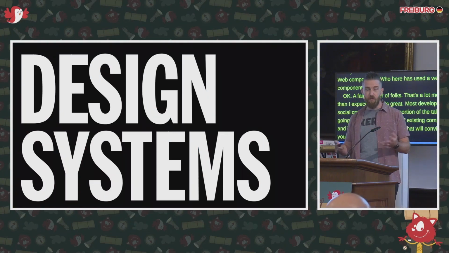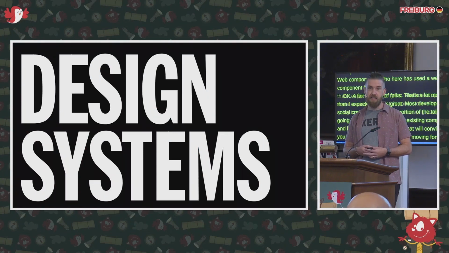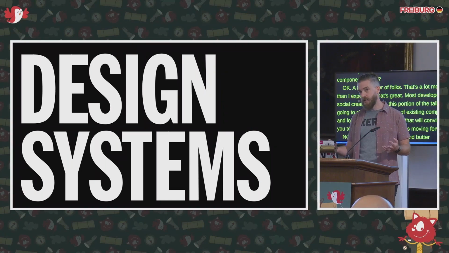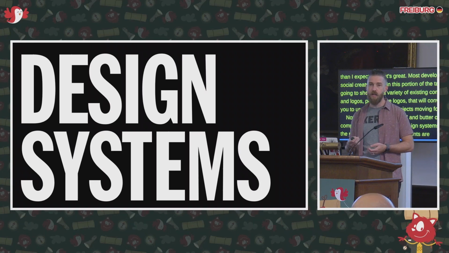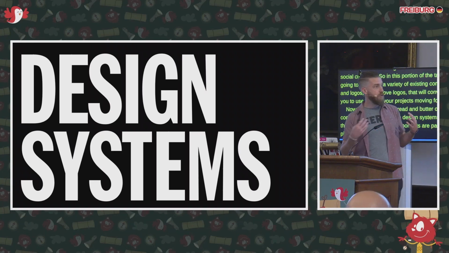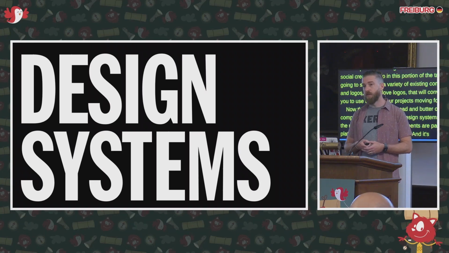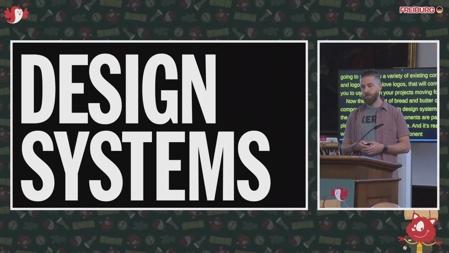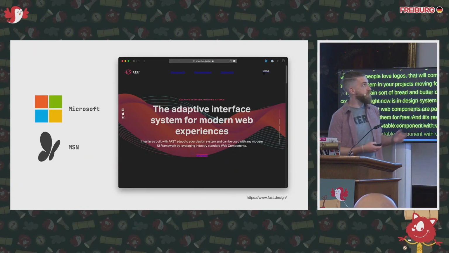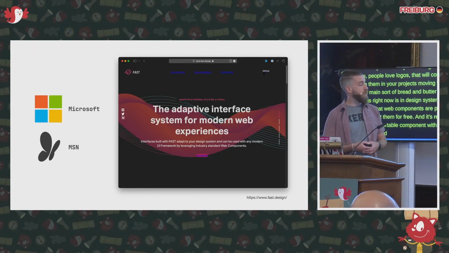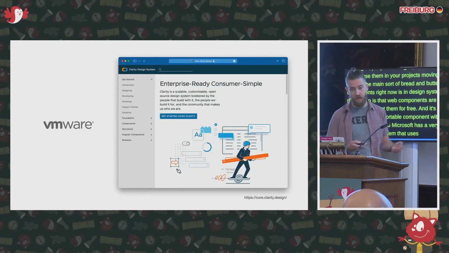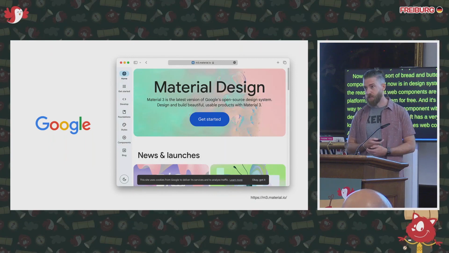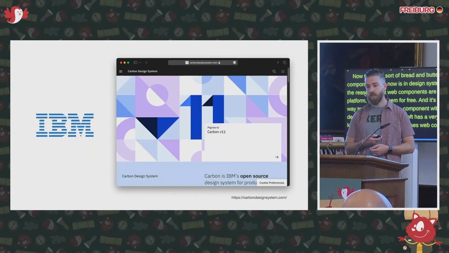Now, the main sort of bread and butter of web components right now is in design systems. And the reason is that web components are, again, part of the platform. You get them for free. And it's really a way to create a portable component with very little dependencies. And Microsoft has a very well-known design system that uses web components. Another one from VMware. Google has one. Material Design has web component exports.